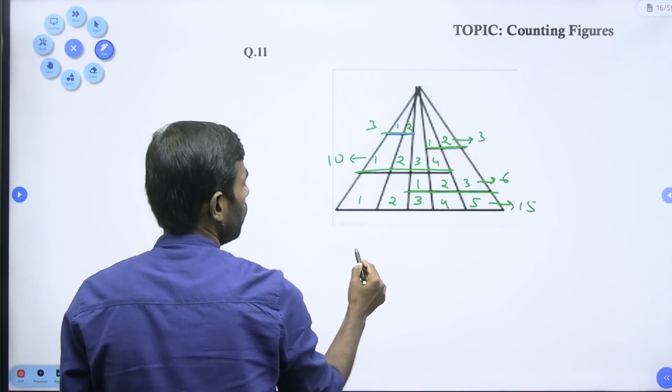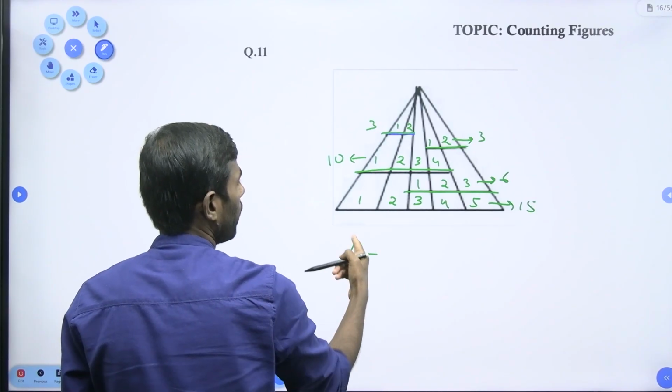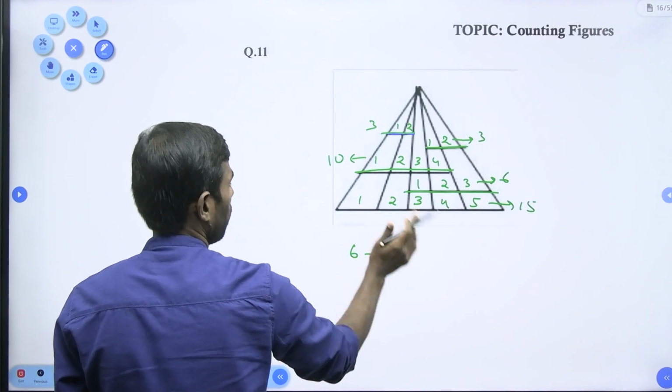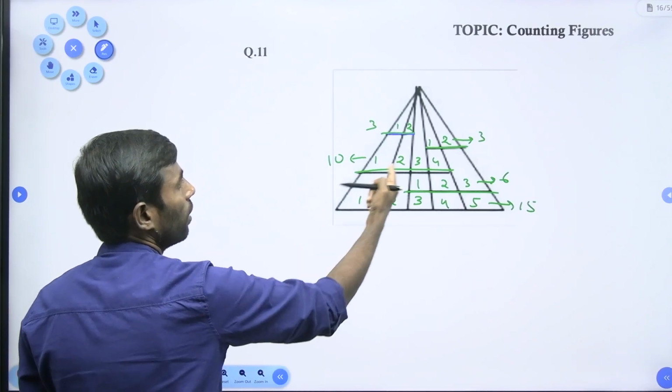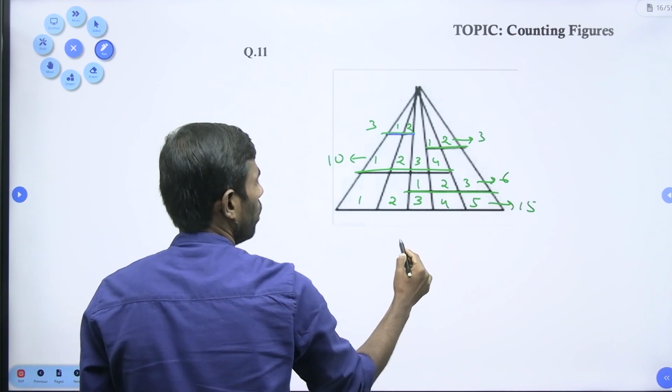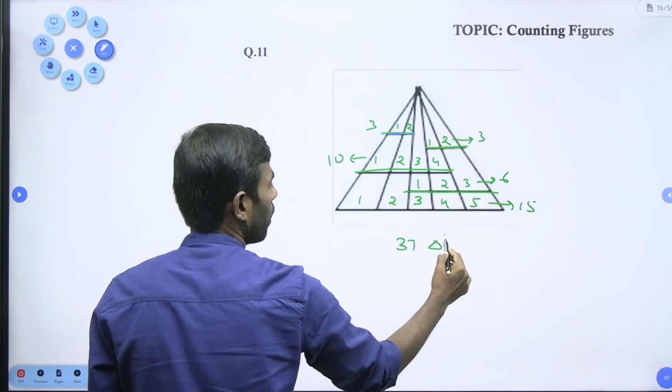3, 6, 3 plus 3, 10. 3 plus 10, 13. Sorry. 16, 22, plus 15, 37. 37 triangles are there in the given figure.